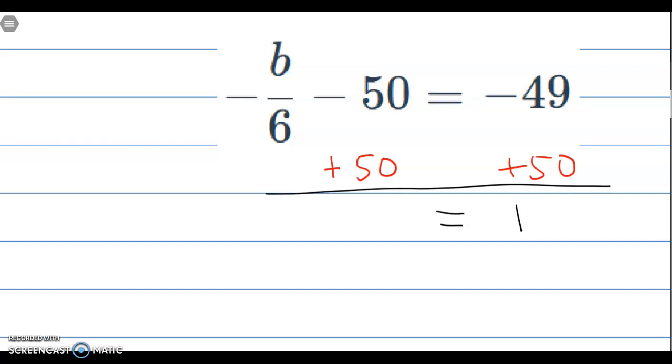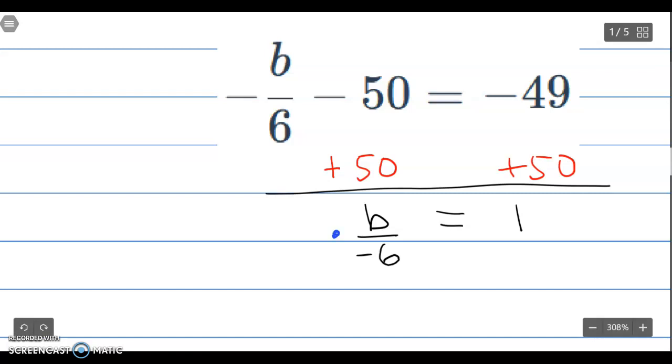And I'm going to bring down this b over minus 6. Now, anytime you have a negative on a fraction, you can put it over the whole fraction, or you can put it on the number in the numerator or in the denominator, top or bottom. So what you want to do now is do the opposite of division, which is multiplication.